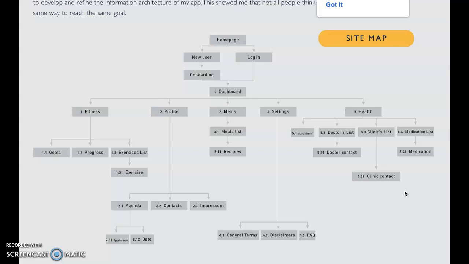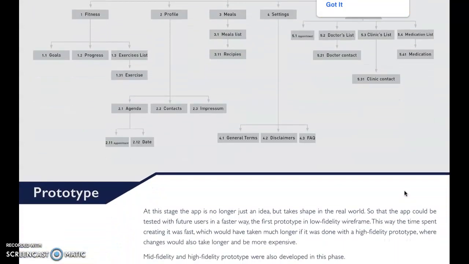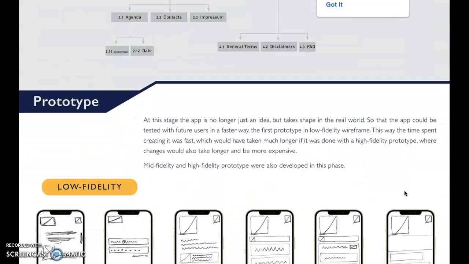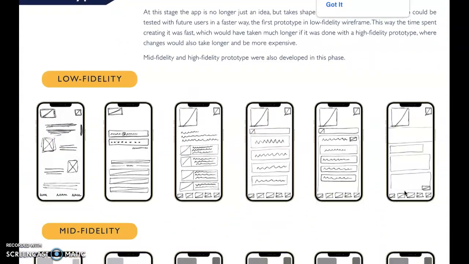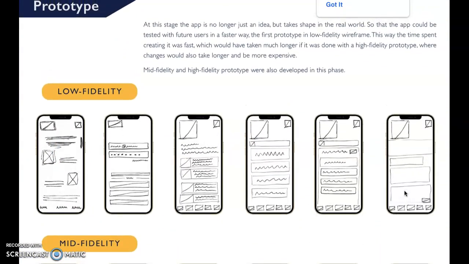Having this sitemap, I then started to do the prototype. The prototype was first done in low fidelity, only wireframes, with no information, just the positions of where the information would be.